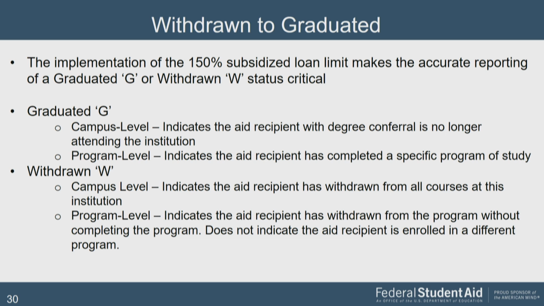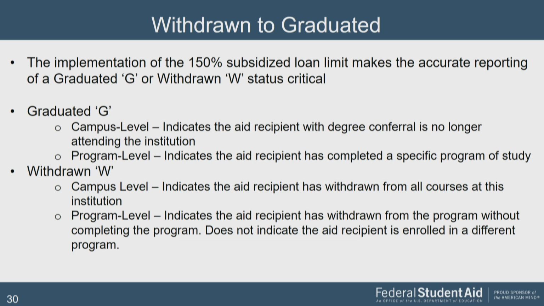And a W at the campus level should only be used when you have an aid recipient who has withdrawn from all courses at your institution. They're no longer taking anything there. A W at the program level should be used when you have an aid recipient who has withdrawn from the program without completing that program. A W, it should be noted, does not necessarily mean the aid recipient is enrolled in a different program. It just means they're no longer in that one.